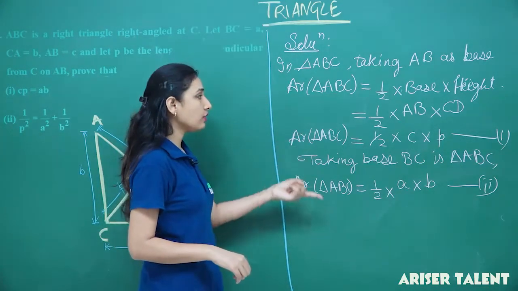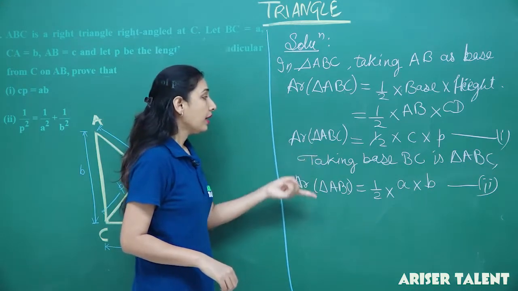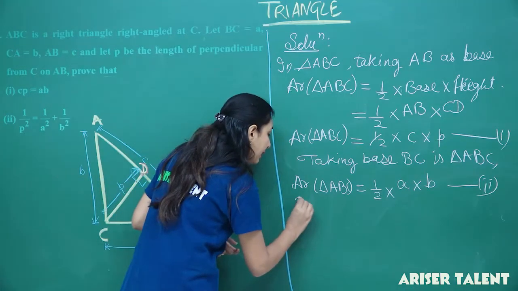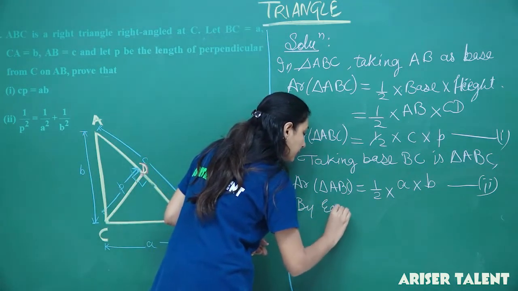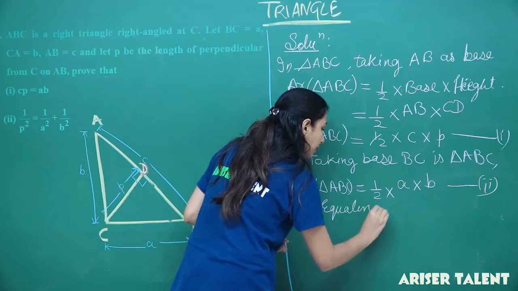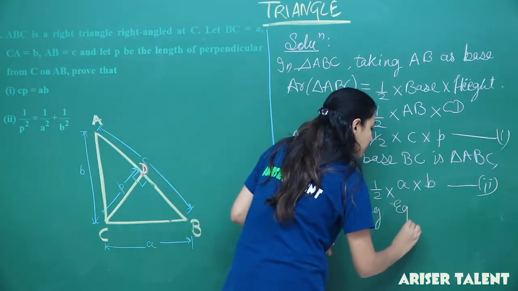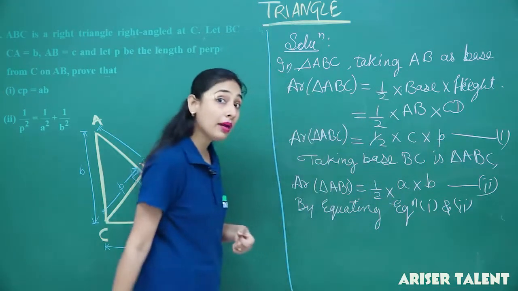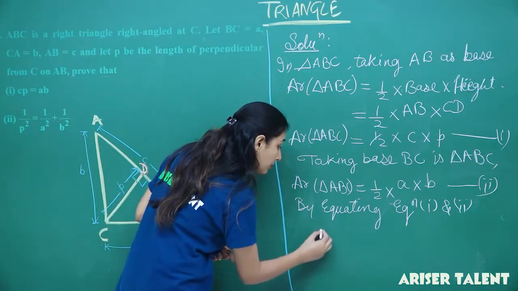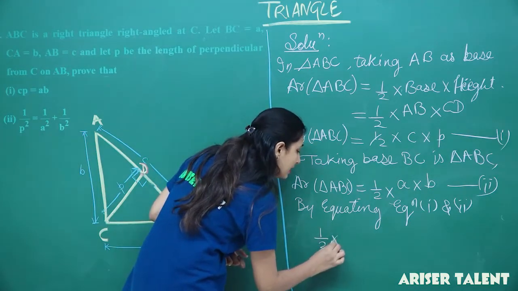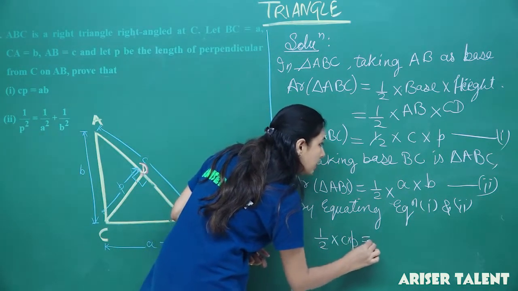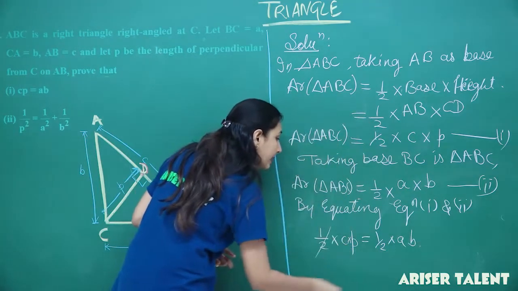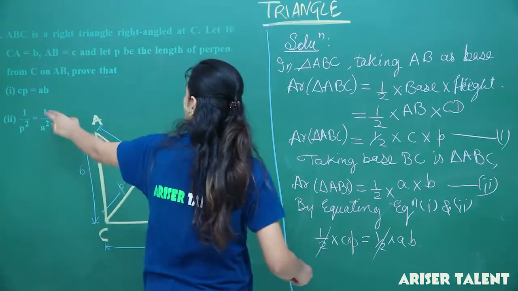So, what will I do now? Can I say this equals this? Because these are two expressions for the same area of triangle ABC. By equating equation 1 and 2, what I have is 1 by 2 multiplied by C multiplied by P equals 1 by 2 multiplied by A multiplied by B. Now I can cut it out, and what will I have?